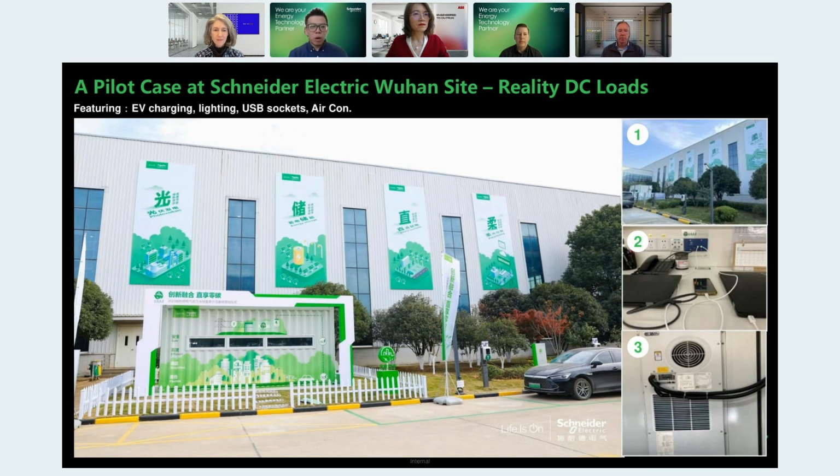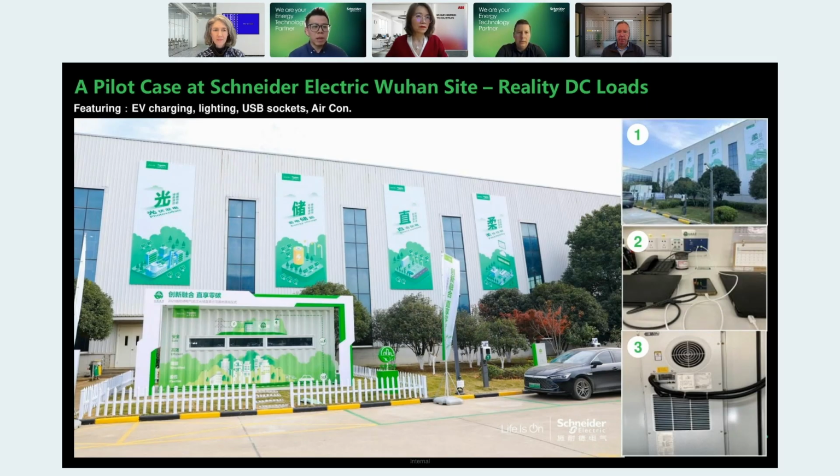On the first one that you see along the parking area, in the first stage, we have 4 DC EV chargers. These are newly added loads in the manufacturing site, and we're seeing more and more, because electric vehicle adoption in China, in this region, is growing significantly.